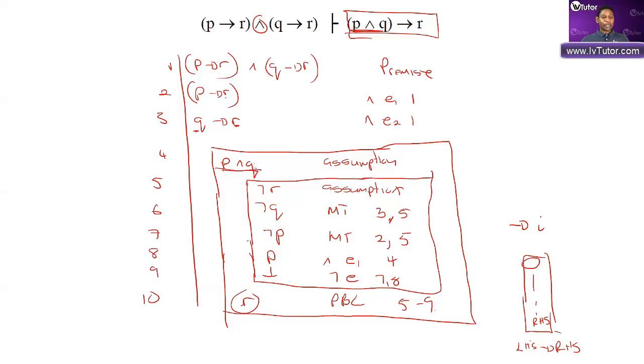I've assumed the left, proved the right. Number 11, P and Q implies R becomes true. And this is implication introduction on number 4 to number 10. Like that.